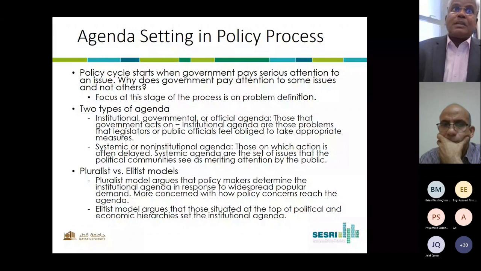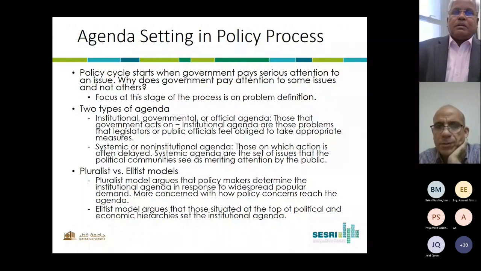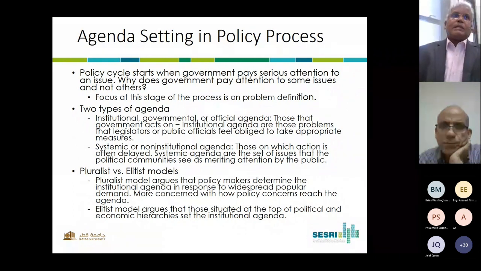This is not only political communities, but also other stakeholders, possibly policy advocates, researchers, scientists, and many others. They may all be involved in advocating a policy, which is called a systemic or non-institutional agenda or policy action, which may be very important for the larger good of the society and population.